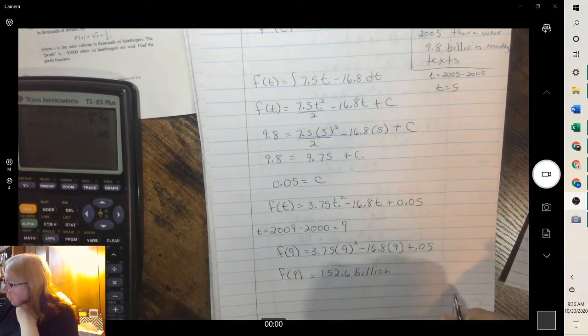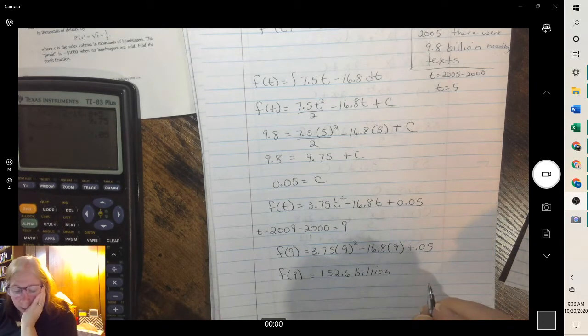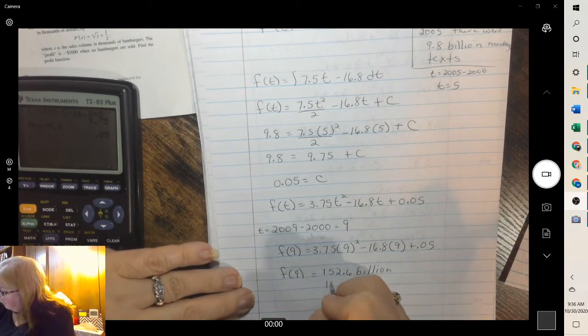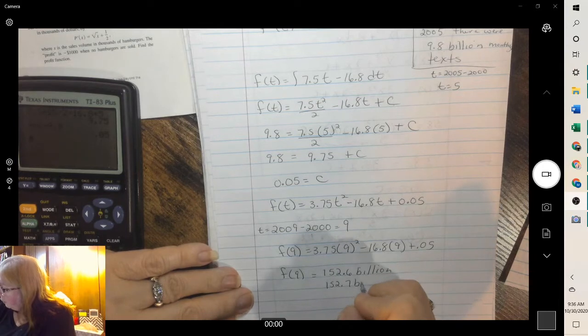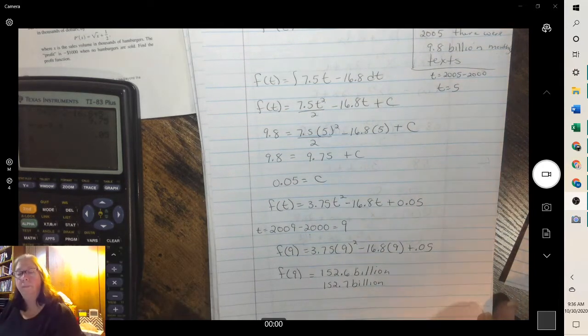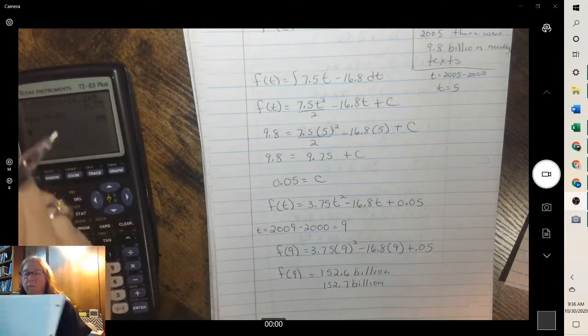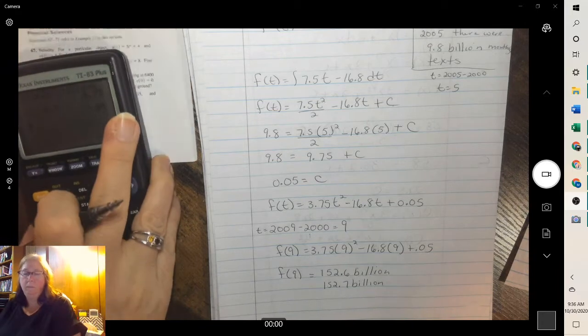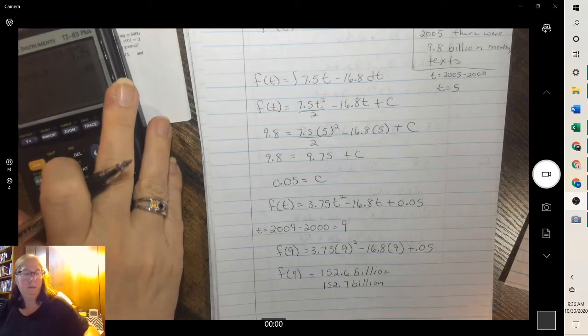And I get 152.6 billion. And actually, in 2009, it says there was 152.7 billion. So it's pretty close. Let's try one more.